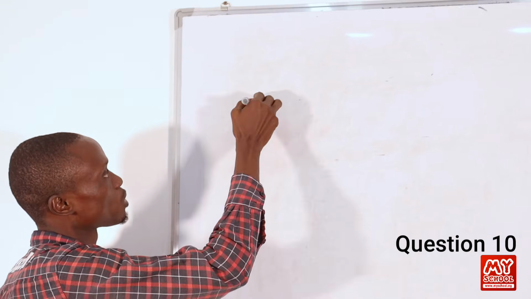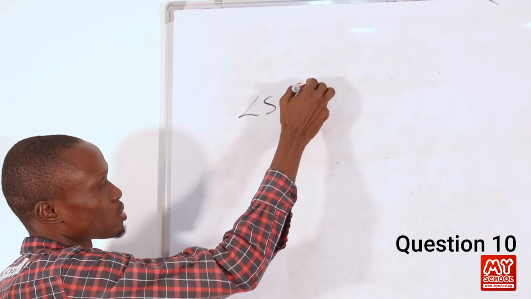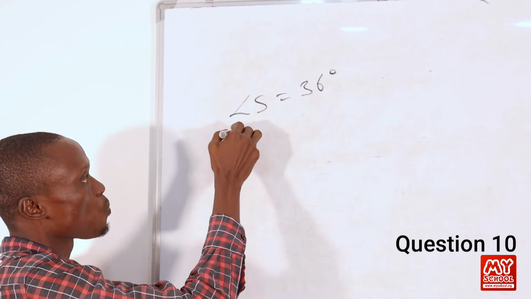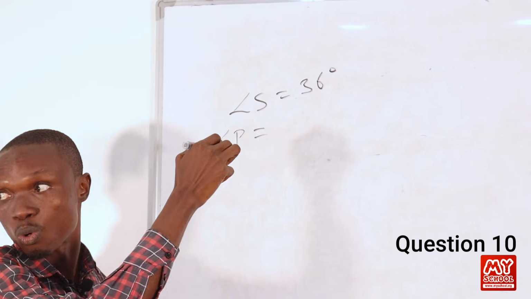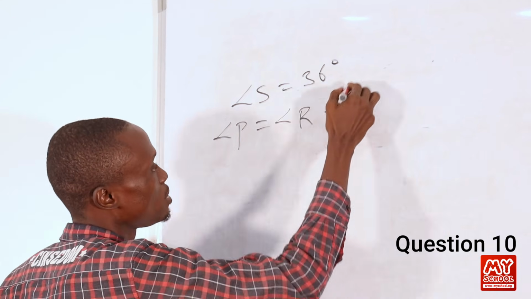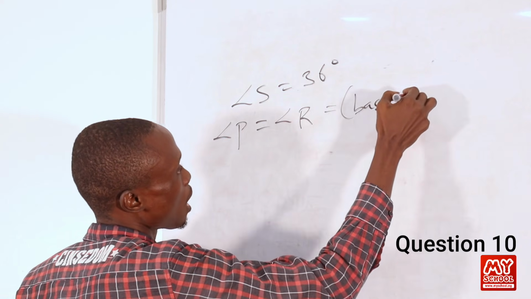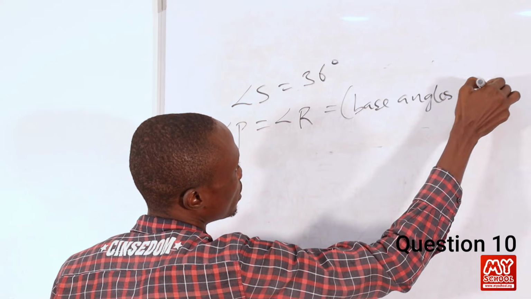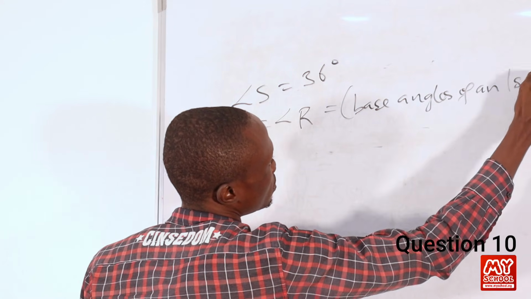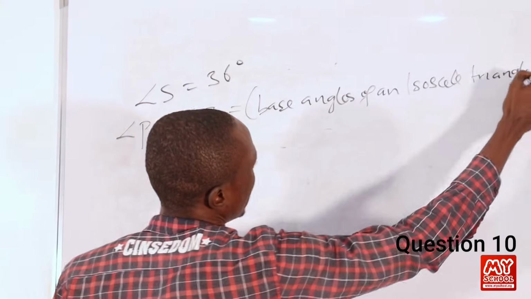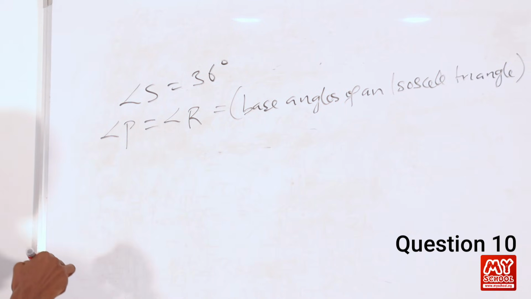So from what we have analyzed on the screen, we know that angle S is equal to 36 degrees. But angle P is equal to angle R. Of course, the reason is base angles of an isosceles triangle. That is the reason.